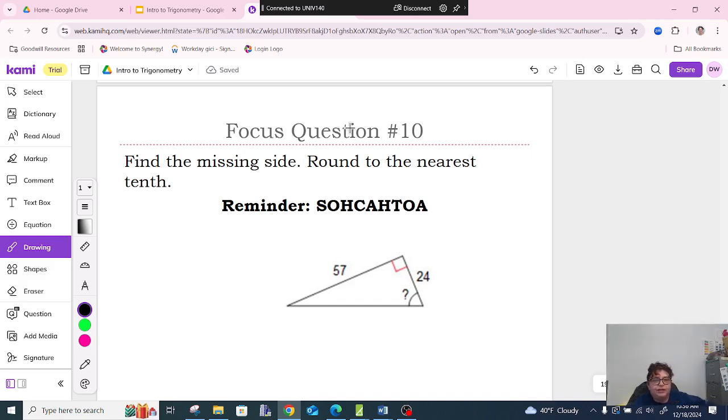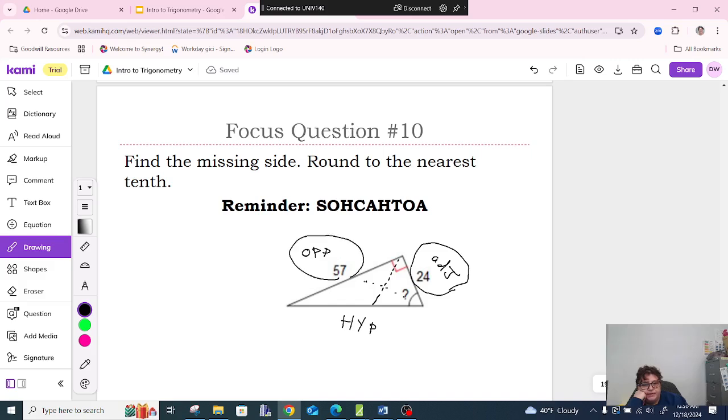Okay, so I'm going to label my triangle. What do I label the 57 as? Opposite. Then the hypotenuse is across from the 90. And then what am I going to label the 24 as? Adjacent. Now, I have adjacent and I have opposite.